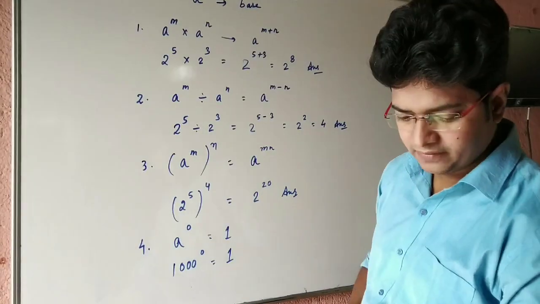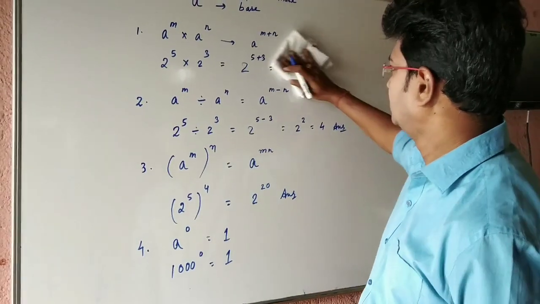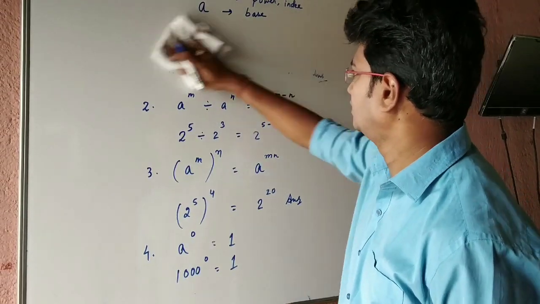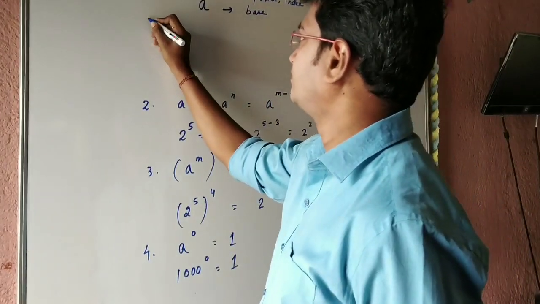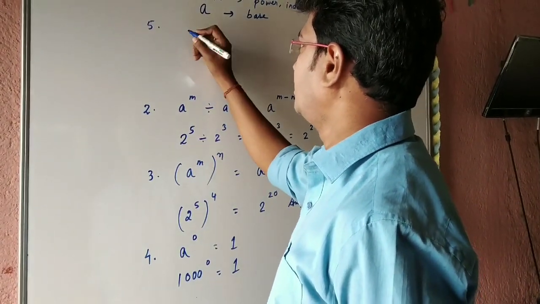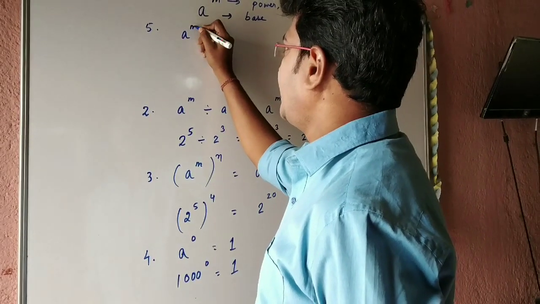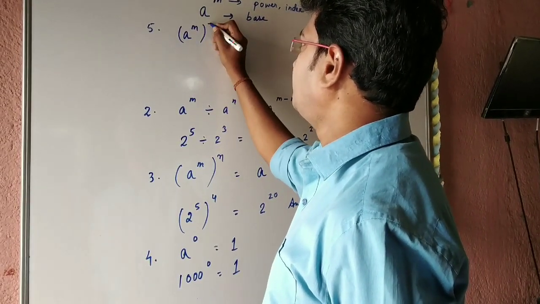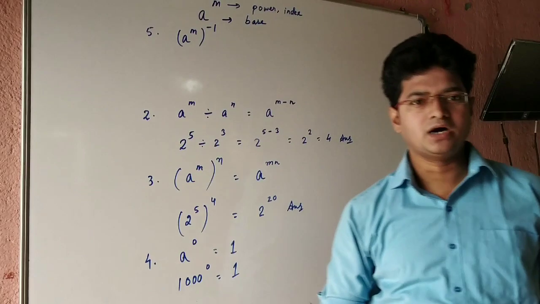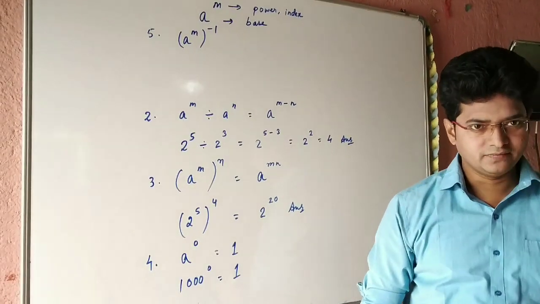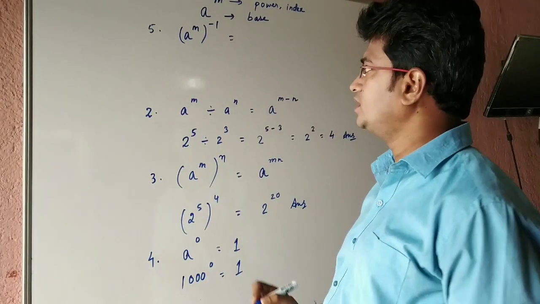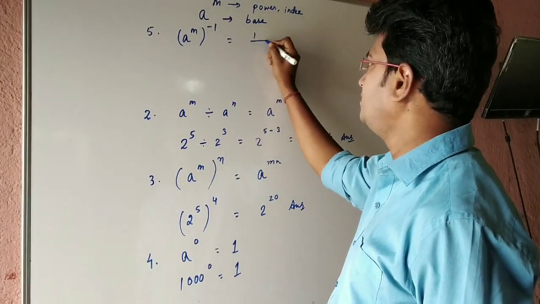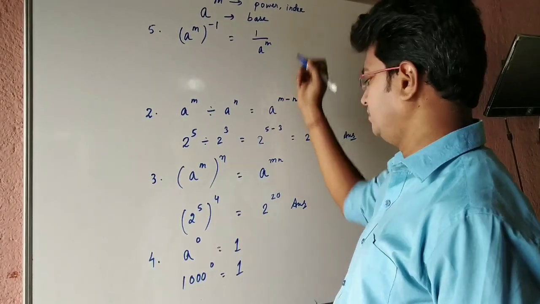Rule number 5: a to the power m whole to the power minus 1. If the power is given in negative, we just take the reciprocal. So it will be 1 by a to the power m.